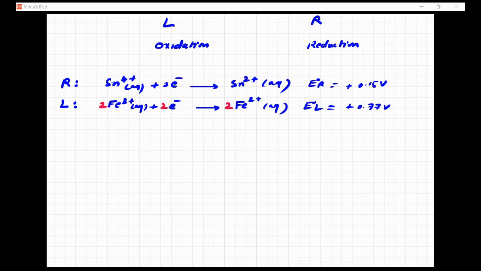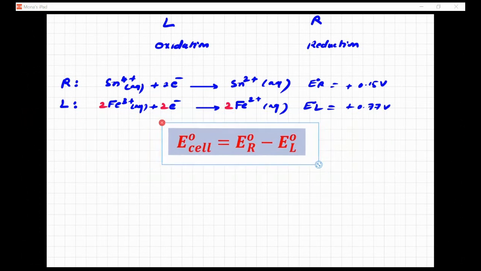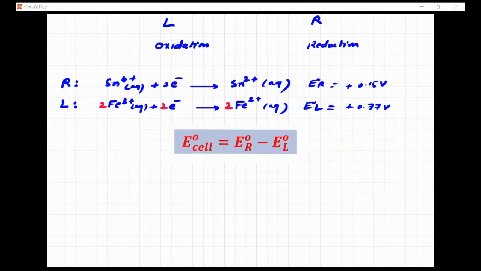You write it and you substitute and you'll be able to get your answer. The standard cell potential is going to be equal to 0.15 minus 0.77. Again, the answer is negative, which is minus 0.62.